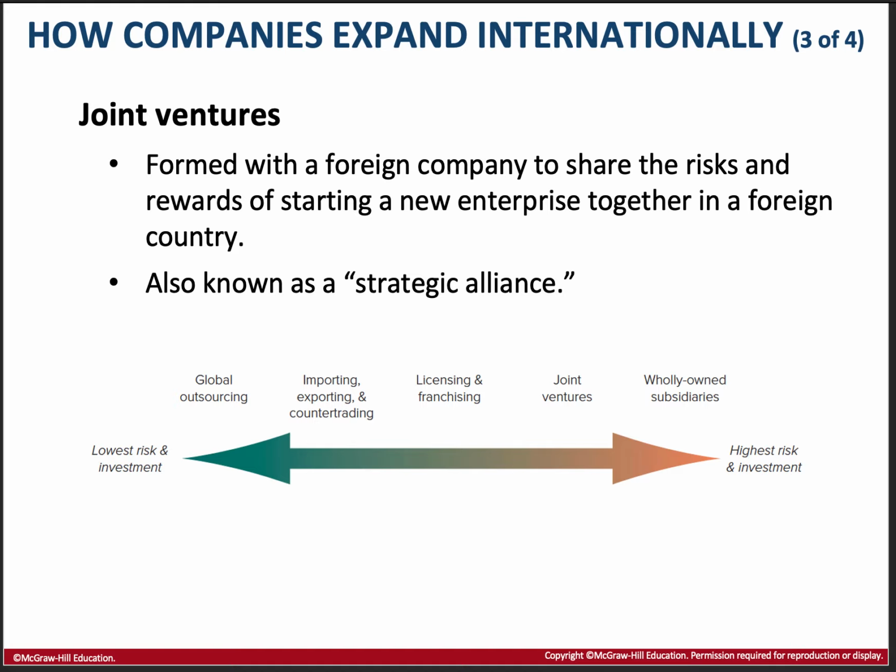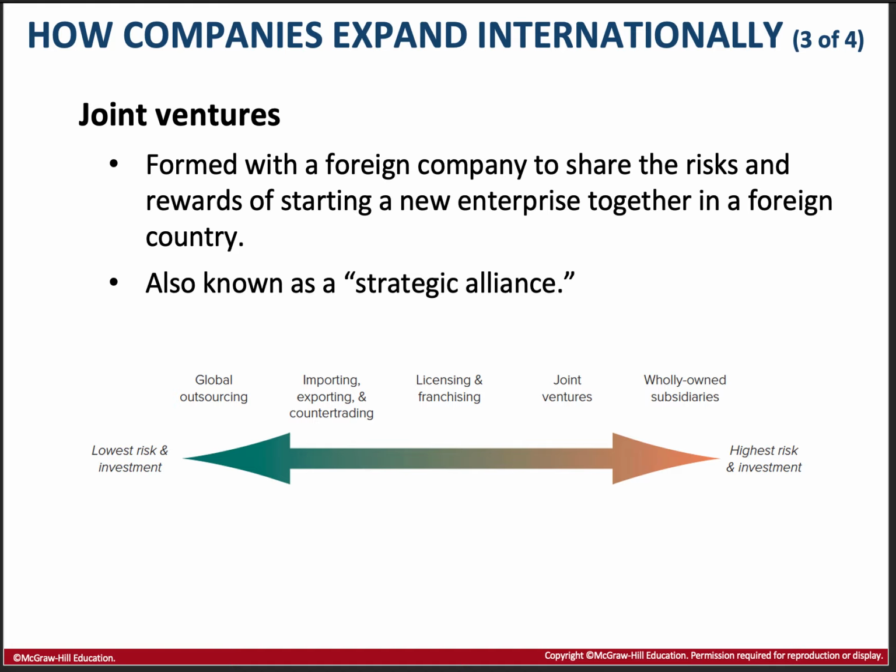They can fall in a higher risk investment category because you're forming a new enterprise together, and you're doing so in a foreign country. So it's riskier than outsourcing and import, export, and licensing or franchising. It's not as high a risk as if you have a wholly owned subsidiary, which we're going to talk about.